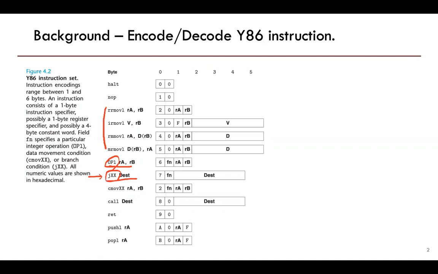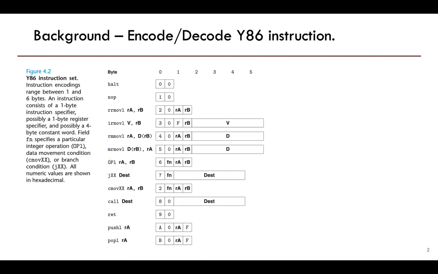We also know halt and nop instructions. Halt stops the processor, and no operation just does nothing. There are more instructions below, but we are not going to talk about them because we are not going to implement them in this term project.